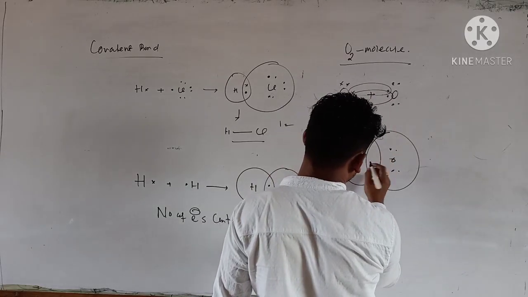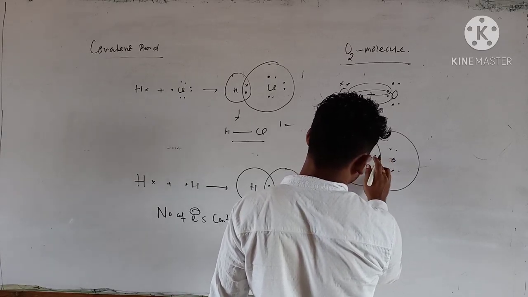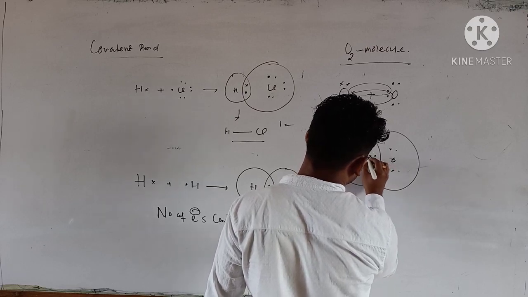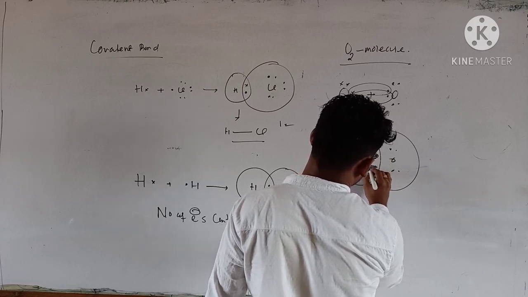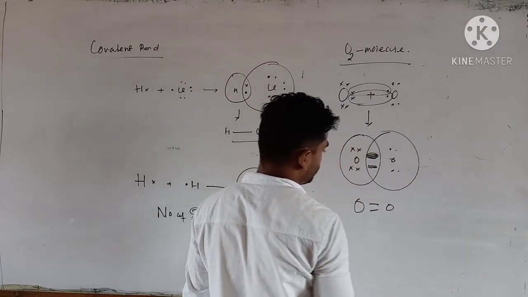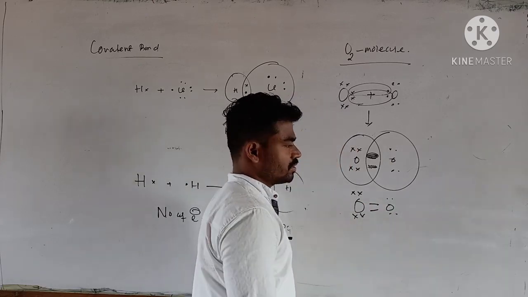You can imagine over here, 1 electron from this, 1 electron from this, and 1 electron from this, 1 electron from this. So there is formation of 2 covalent bonds. There exists a double bond between the 2 oxygen atoms like this. That clear?